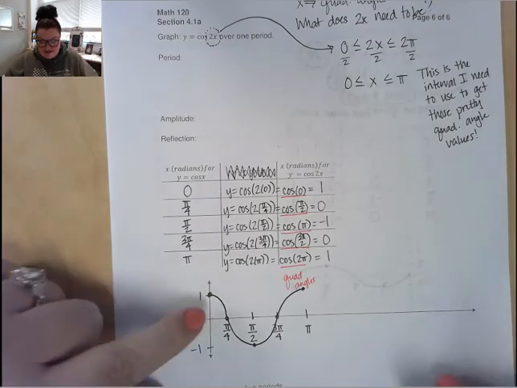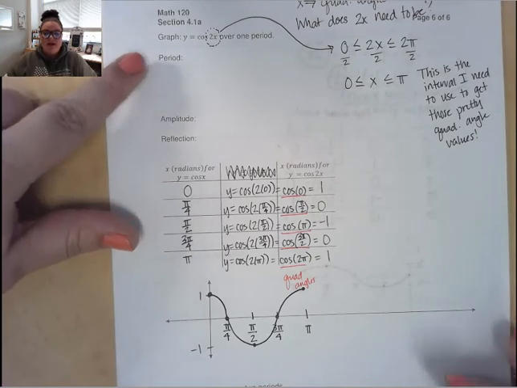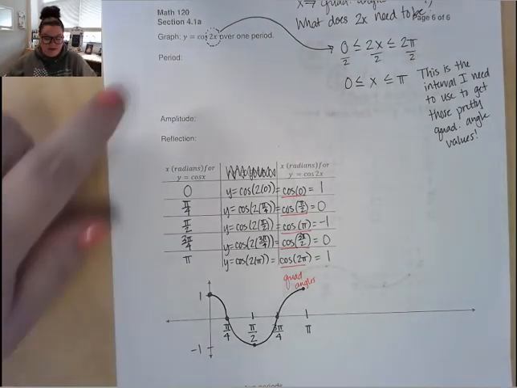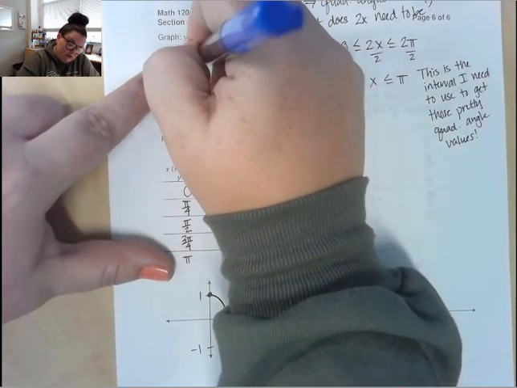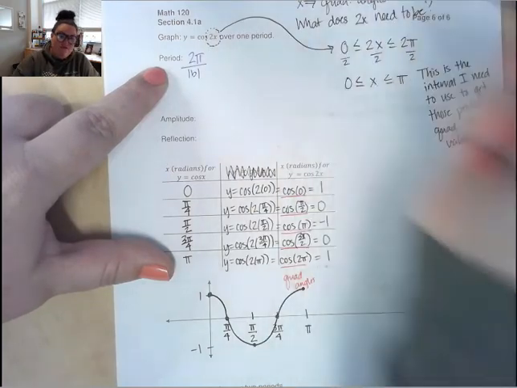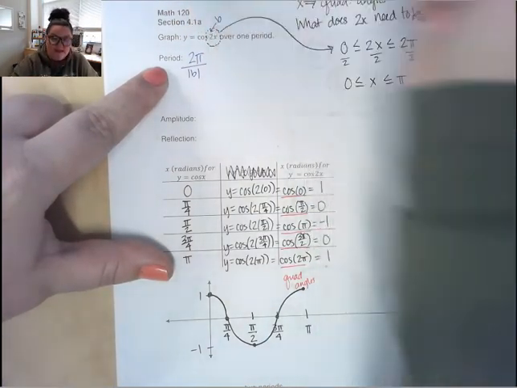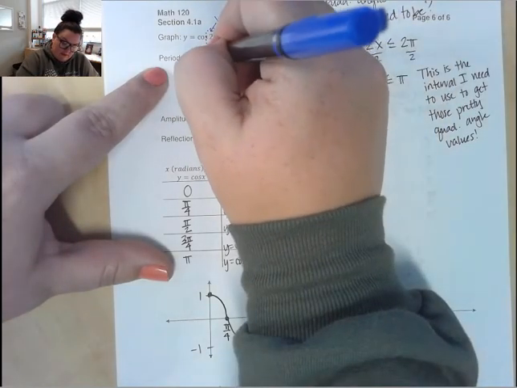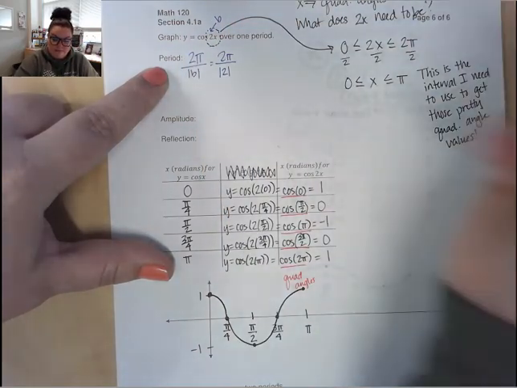Okay. Now I want to make sure that we did it right. I don't want to just get my answer off my graph. So I'm going to go back up here and check my period and check my amplitude just to make sure I did it correctly. Okay. So remember, our period we get from doing 2 pi over the absolute value of b. Remember, b is whatever is in here being multiplied to your x. So this gives me 2 pi divided by the absolute value of 2.